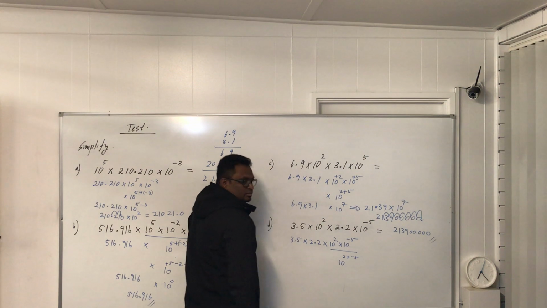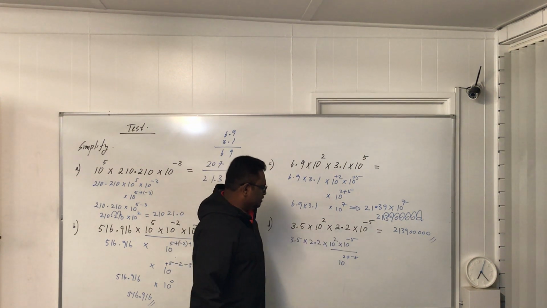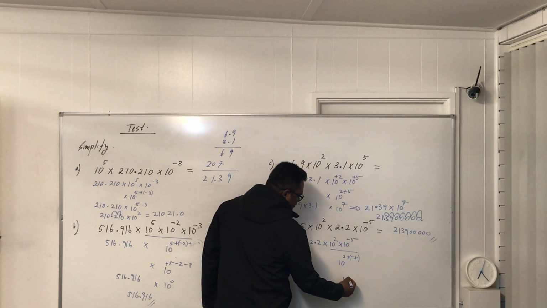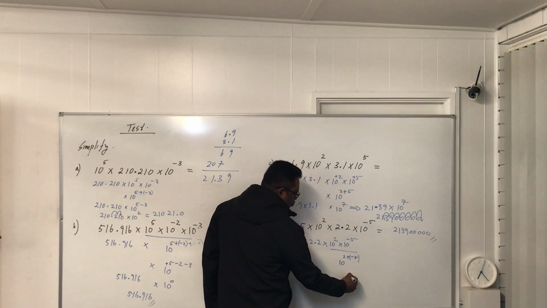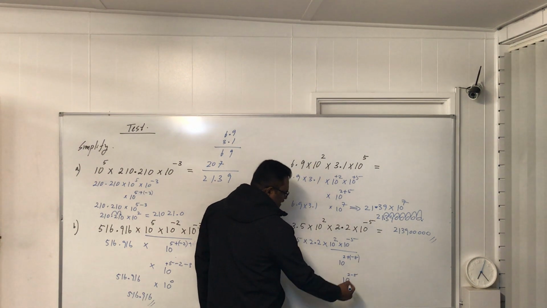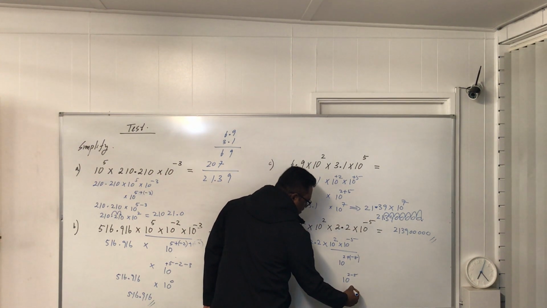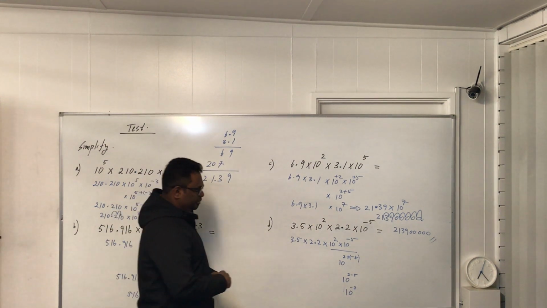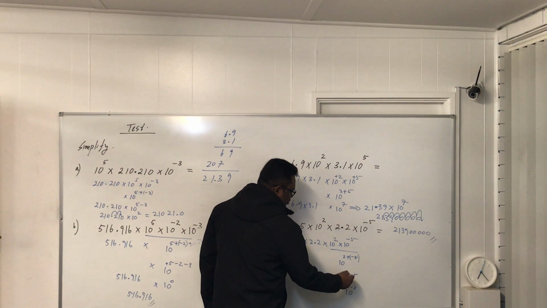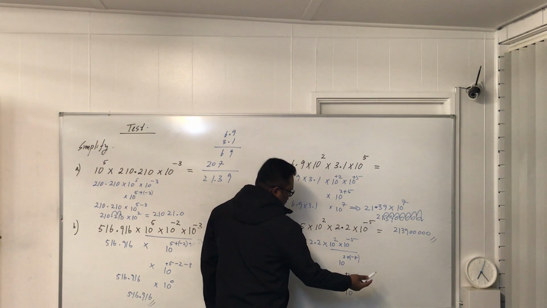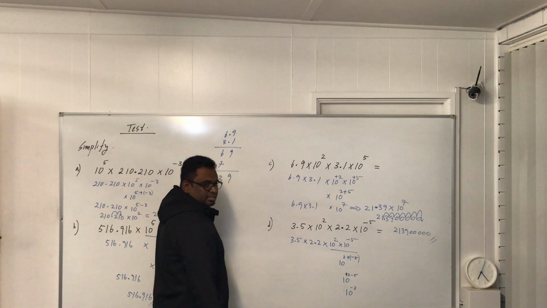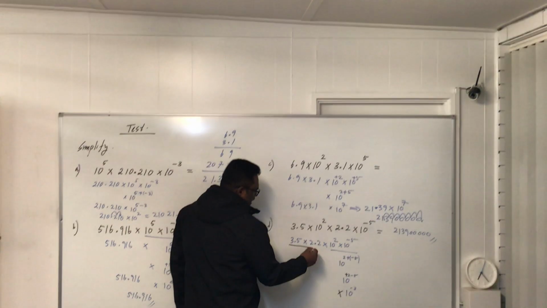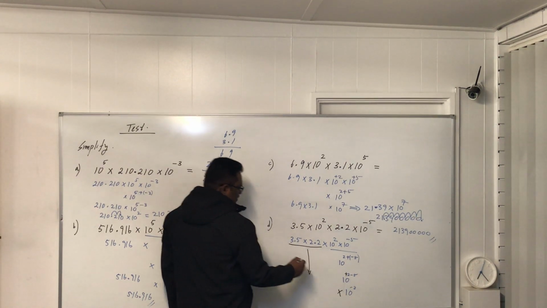You are going to add this to that. Then you put a bracket here. This would be 10 what? 2 minus 5. And that would be 10^-3. You understand that? 10^-3. Why? Because this is plus over here. So it's going to be 2 friends minus 5 enemies. That's it.